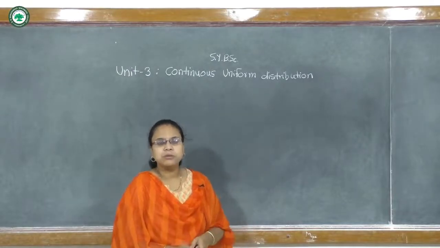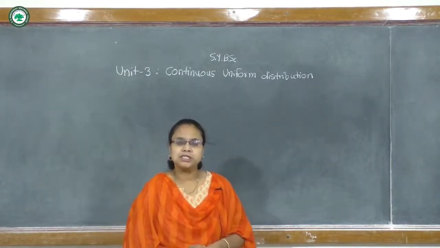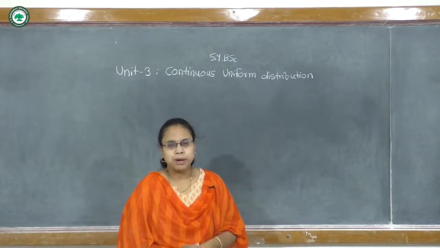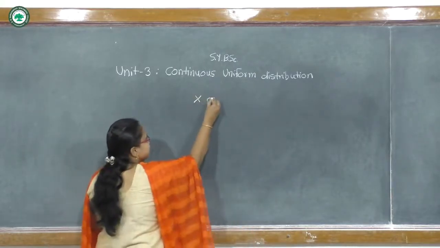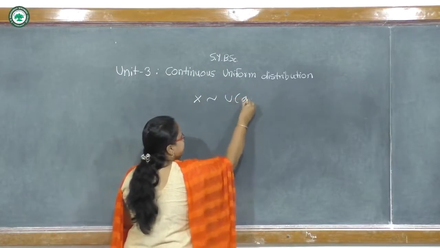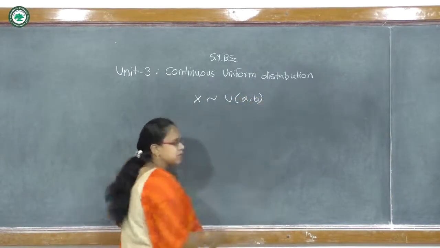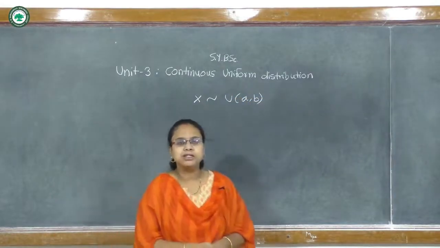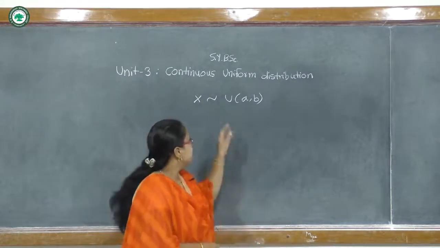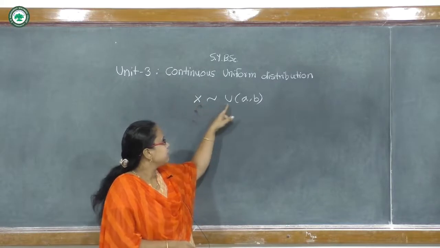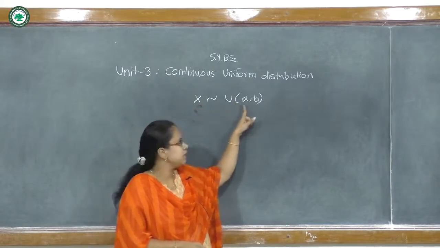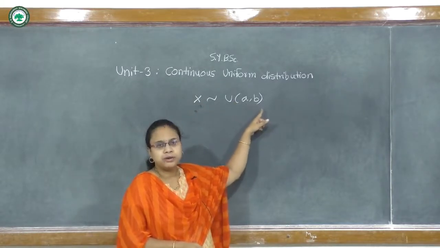This uniform distribution has prime importance in probability theory. It is denoted by X follows uniform A, B. Here A and B are its parameters. X is univariate and follows the uniform distribution, and its range is from A to B.